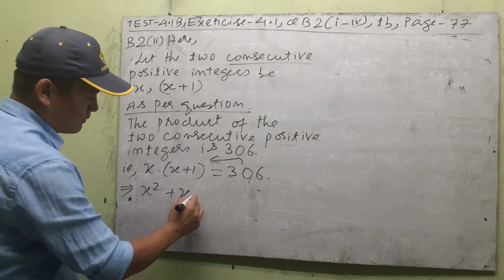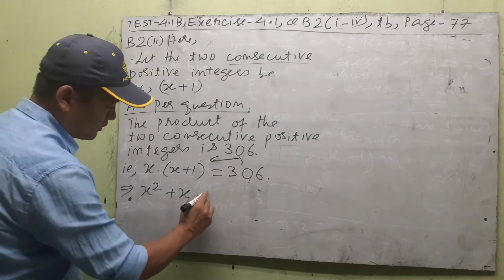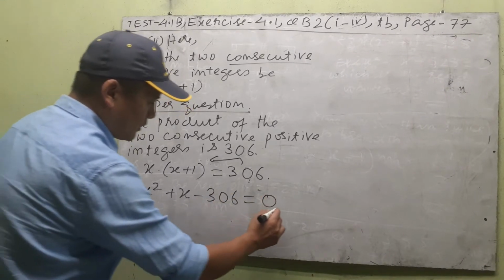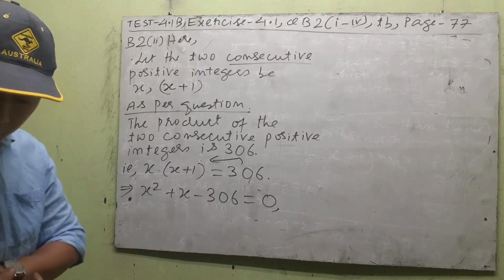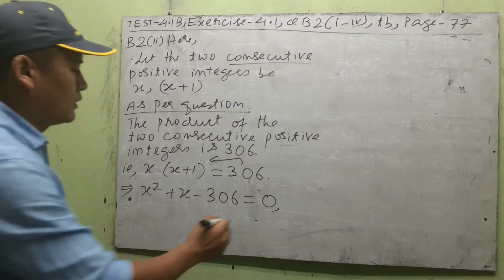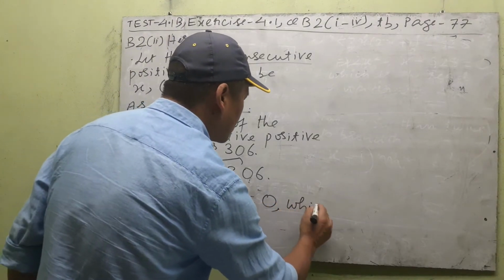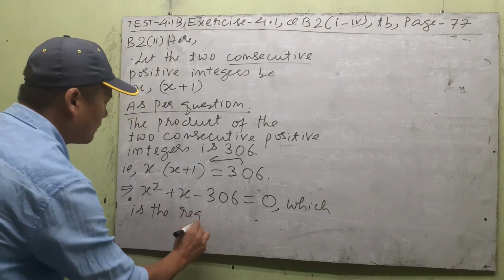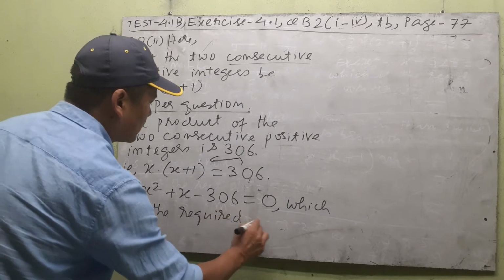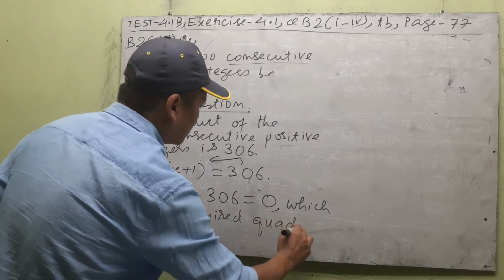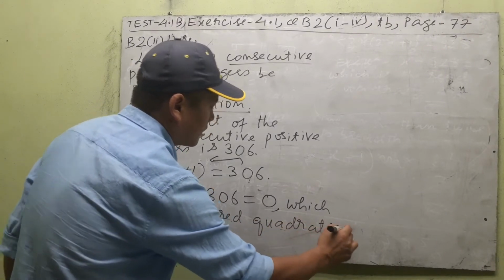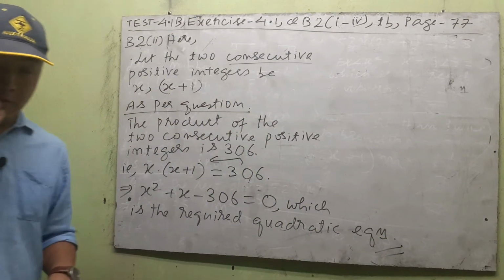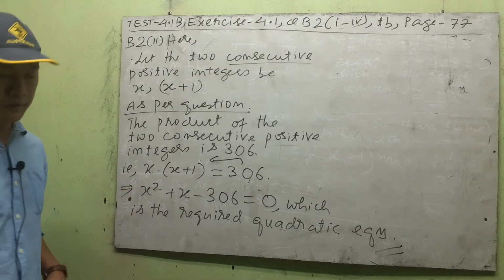Shift this 306 to this side, plus becomes minus 306, equal to nothing left on the right side, 0. So it is the same as the textbook answer, I hope. So the required quadratic equation is x square plus x minus 306 equals 0. The question is asking us to find this underlying quadratic equation, and this is the one.